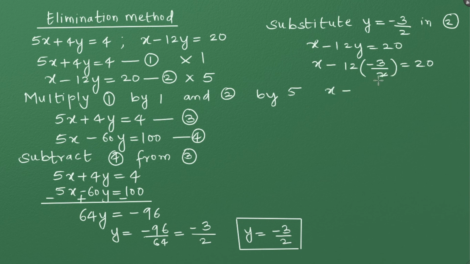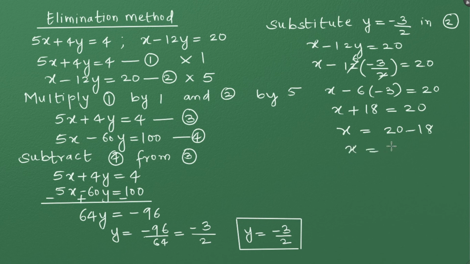Now this can be simplified. x is 2. Hence x equals 2 and y equals minus 3 over 2 is the solution of this given equation. Now still we are going to solve some more examples of elimination method.